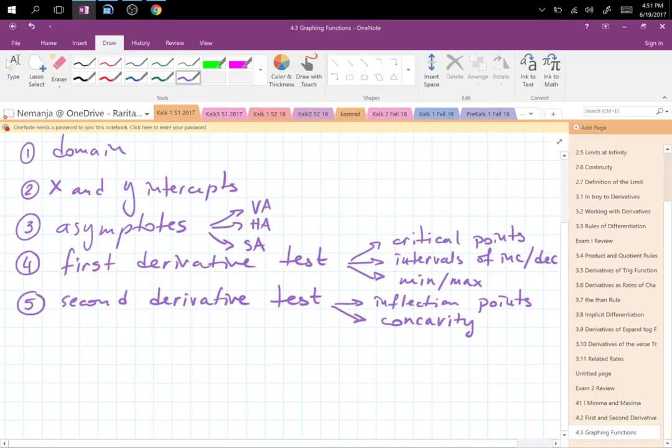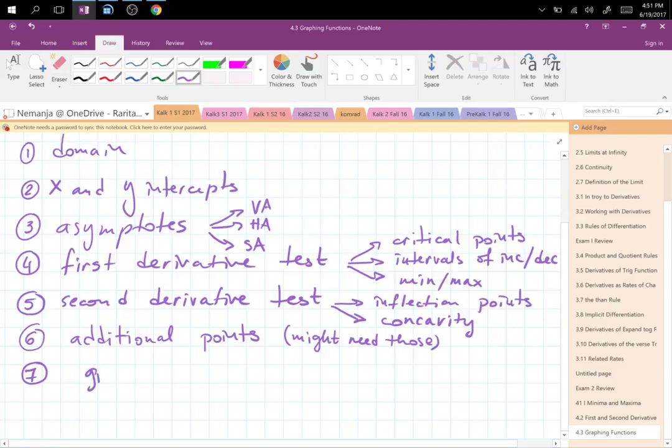And finally, we might need additional points. Calculate 1 or 2. I'll just say might need those. And finally, number 7, graph. Boom.